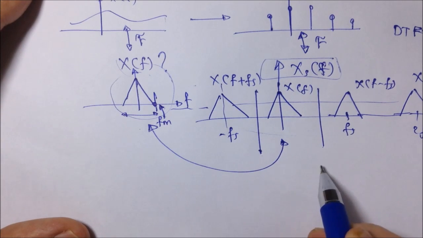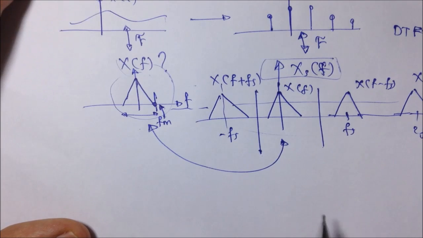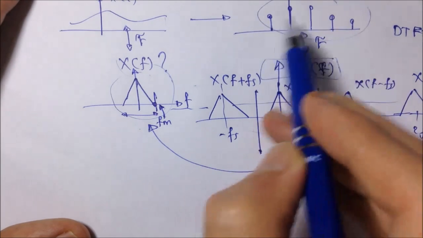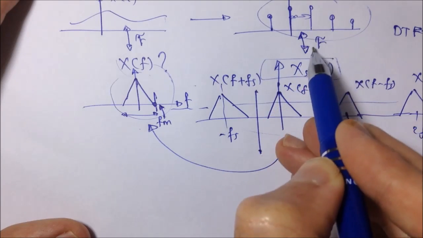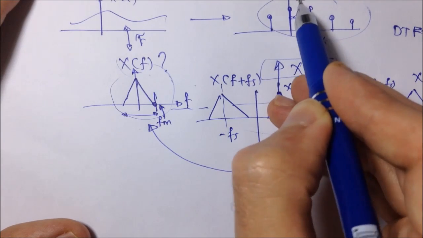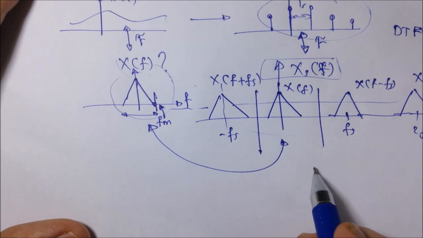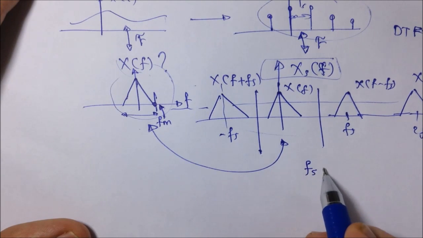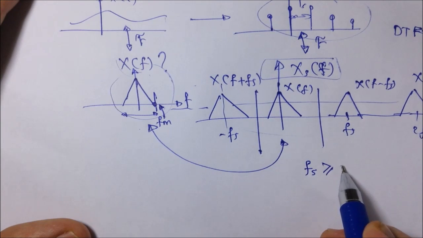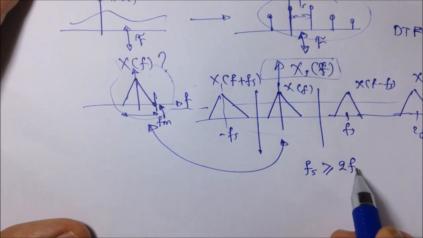Then the criterion tells you that the sampling rate Fs, which is 1 over Ts, the minimum required, should be greater than or equal to twice the maximum frequency.